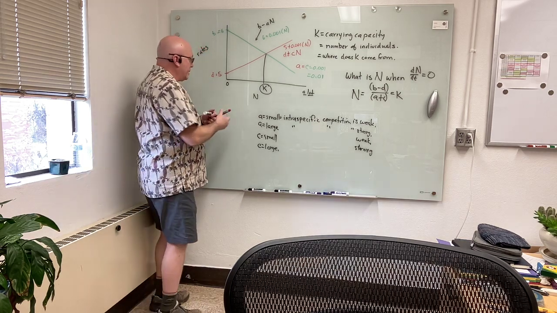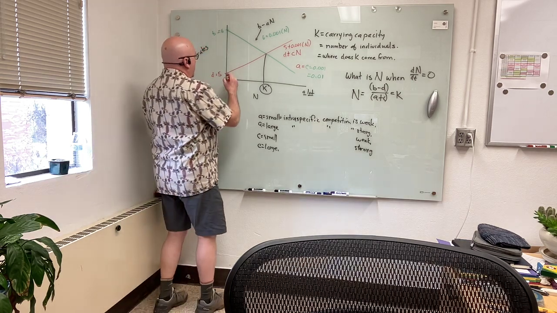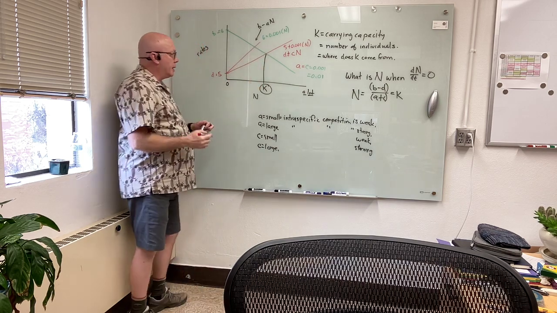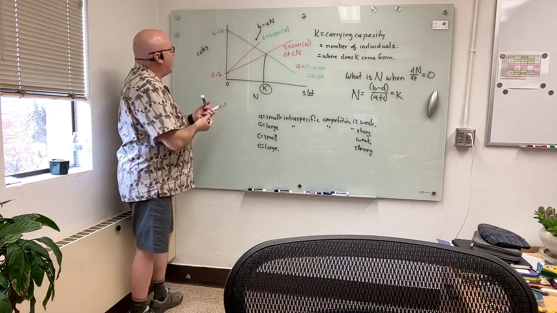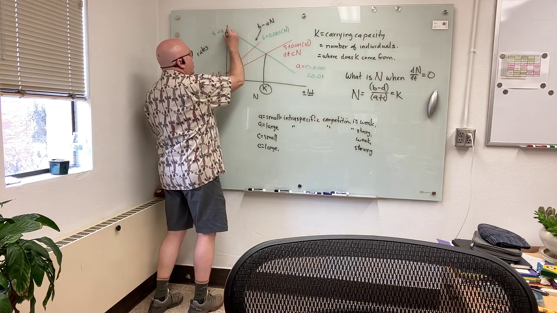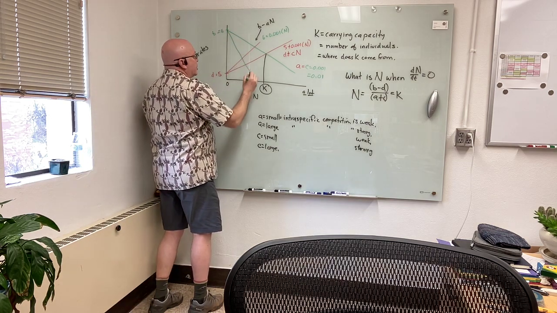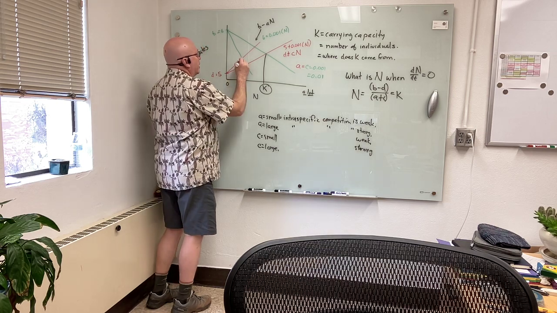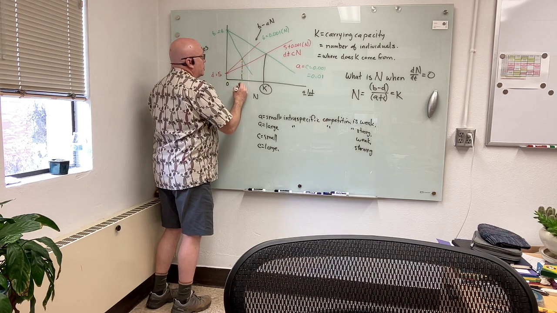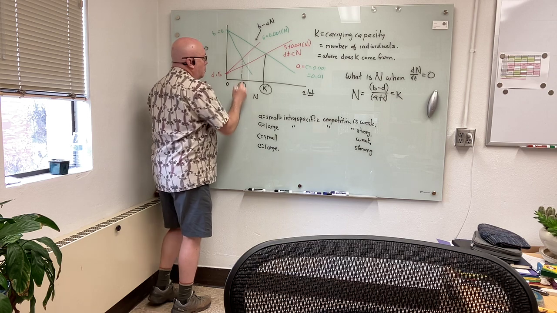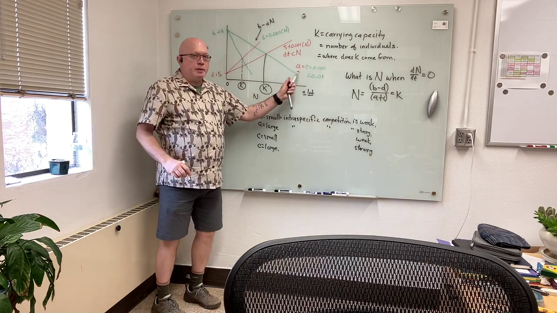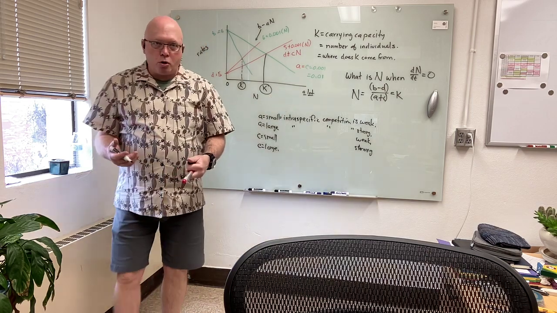What that does is make the rate at which death increases with increasing population size much steeper, and it makes the rate at which births decrease with population much steeper. And that brings this intersection in so that K is now much smaller because the strength of intraspecific competition is now stronger.